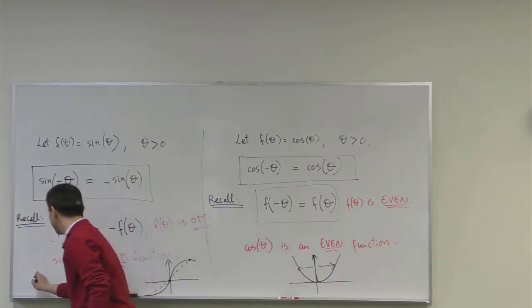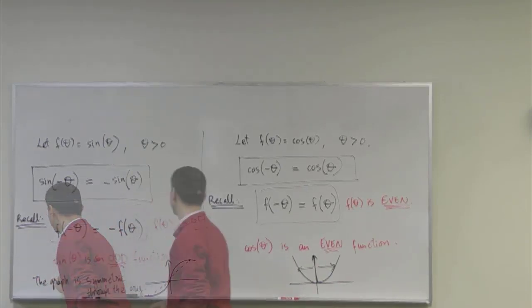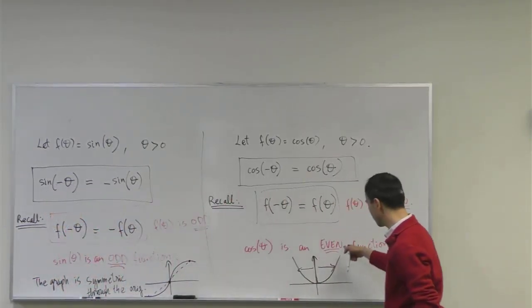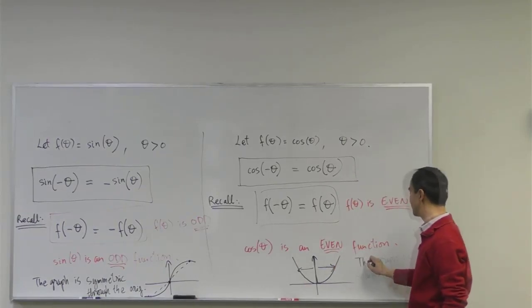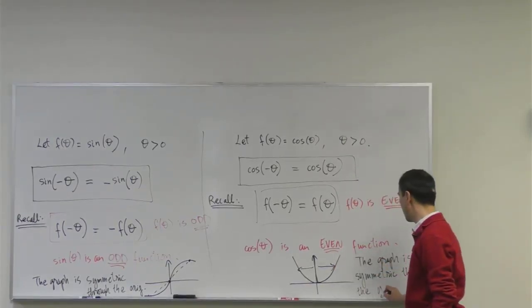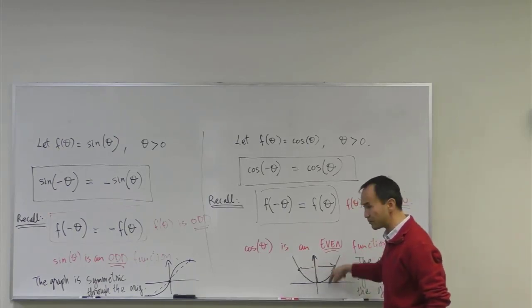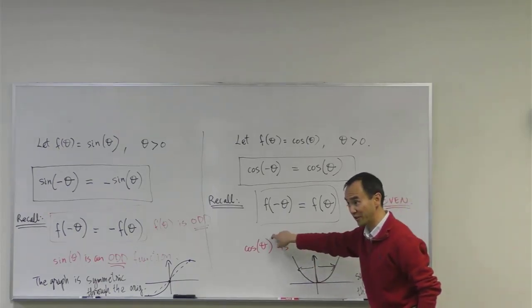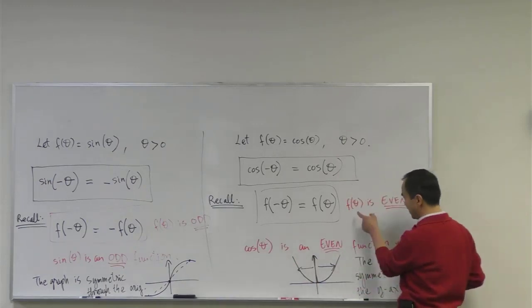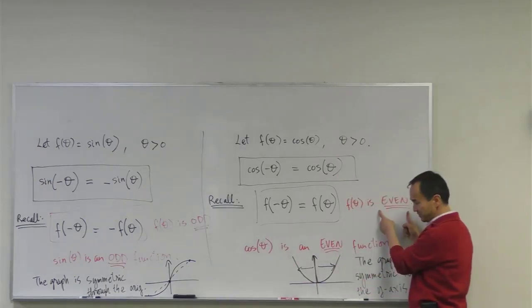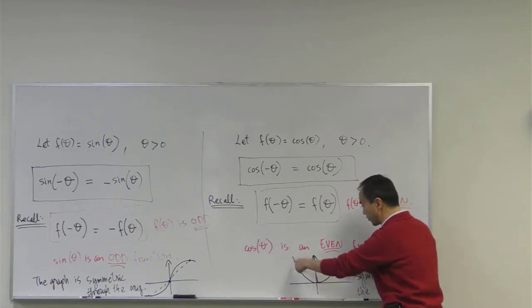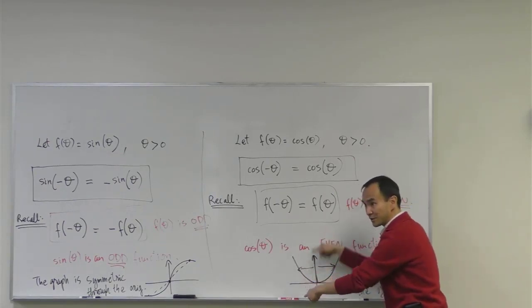When it's an even function, the graph reflects through the y-axis. And of course, again, I'm not saying that the graph I'm drawing here is the graph for our cosine function. I'm just saying that in general, anytime you're looking at an even function, the graph of it will reflect through the y-axis.